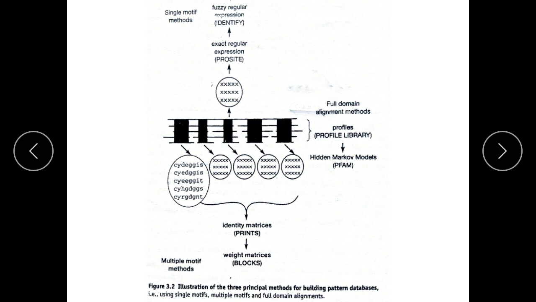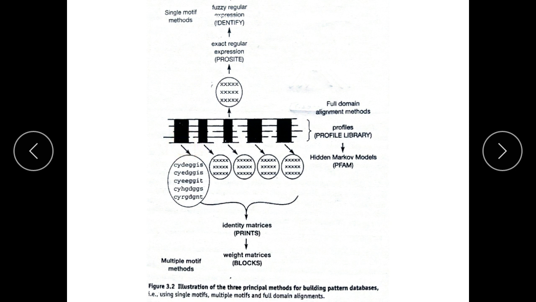So let's discuss the motif concept. These are multiple sequences. Suppose this is the first, second, third, fourth and fifth sequence, and these blackish regions are the common regions in each and every sequence. This single region is called a single motif.